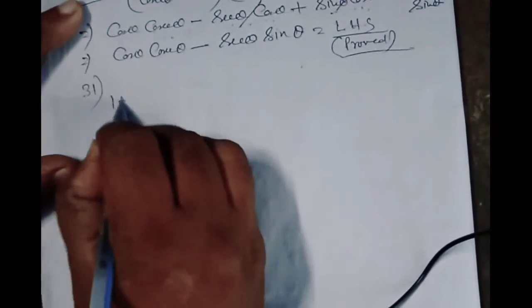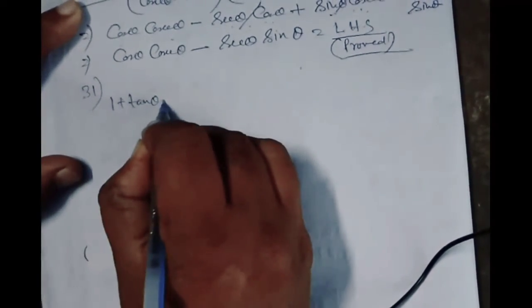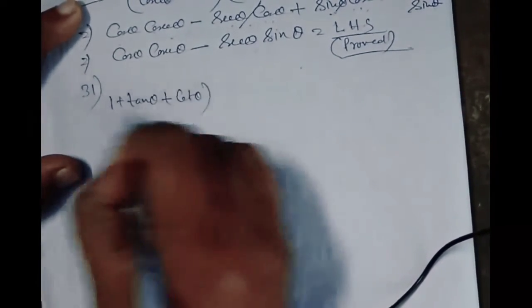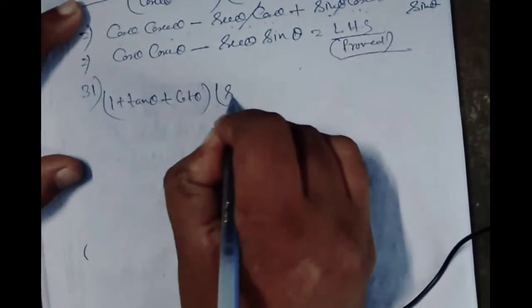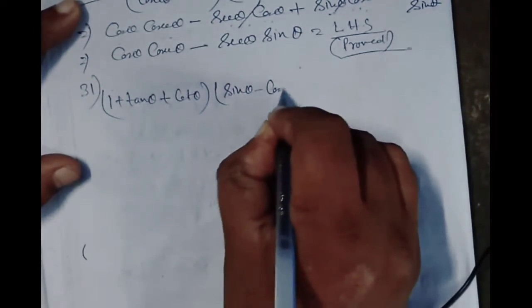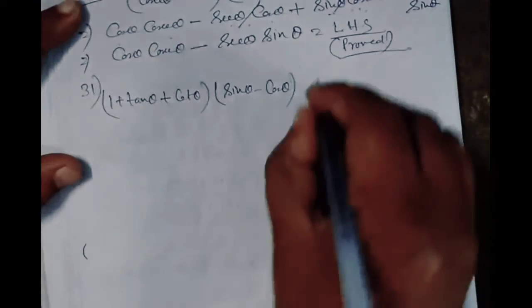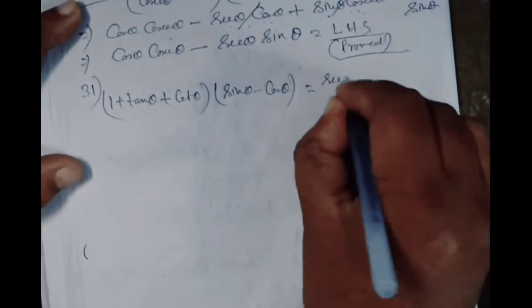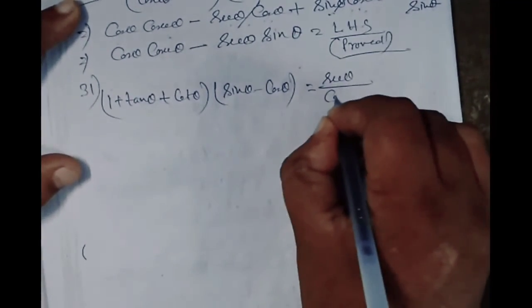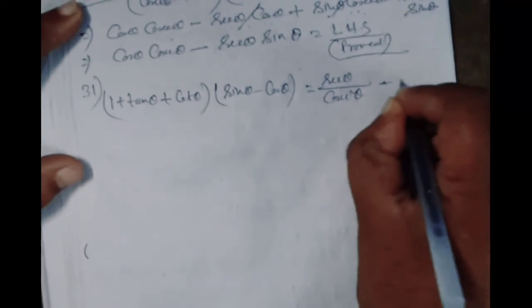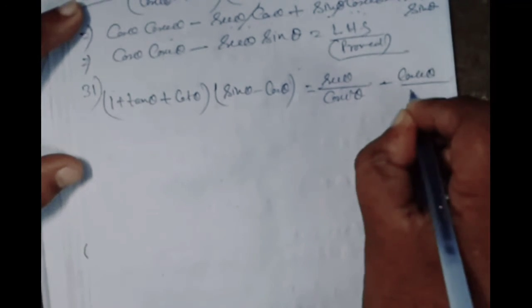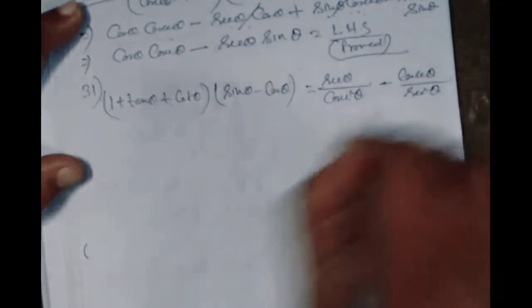(1 plus tan theta plus cot theta) into (sin theta minus cos theta). That we have to prove equals sec theta by cosec square theta minus cosec theta by sec square theta.